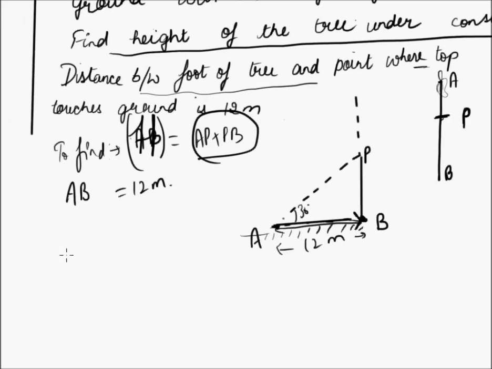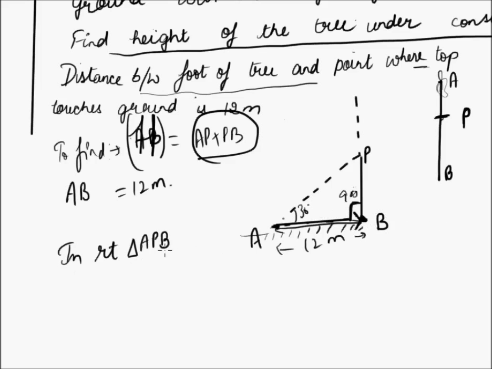Now, assuming that the tree was perpendicular, that is straight with respect to the ground, this angle becomes 90 degrees. So in right triangle APB, friends, we have to assume the angle of 90 degrees, because otherwise we can't apply the trigonometric ratios in practical situations.